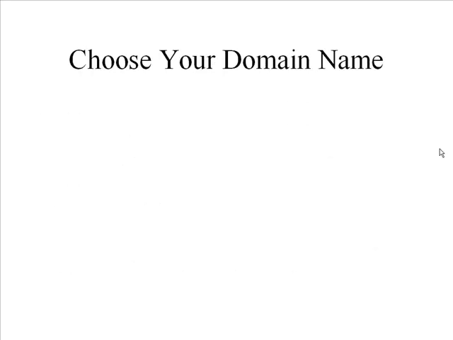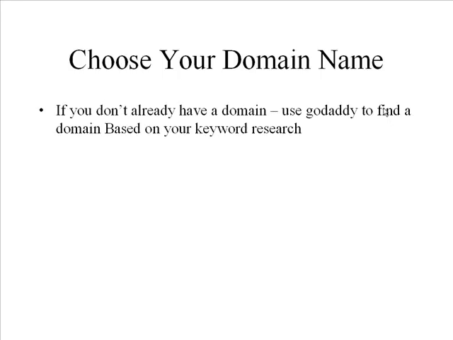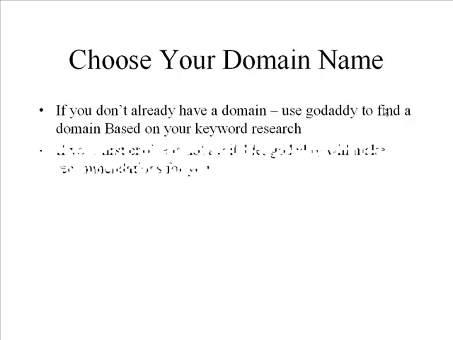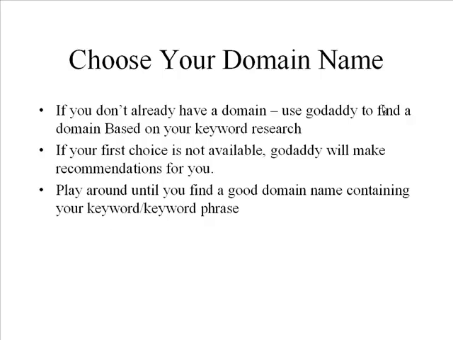Based upon the keyword research, start to narrow in on a keyword you'd like to build a site around. Then, if you don't already have a domain name, head over to GoDaddy.com to find a domain name based upon this keyword research. We want the keyword or keyword phrase to appear in the domain name if at all possible.